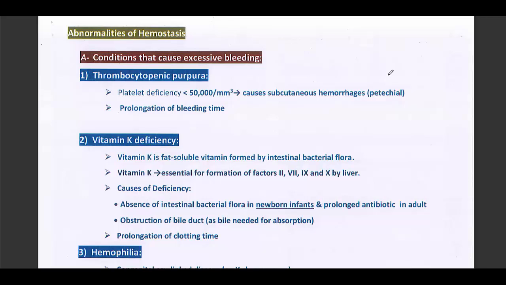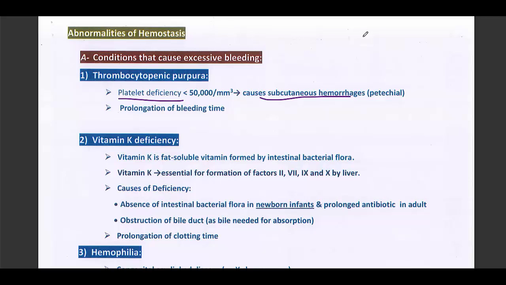Firstly, thrombocytopenic purpura. It means platelet deficiency, under 50,000 platelets. That causes subcutaneous hemorrhage, petechiae.